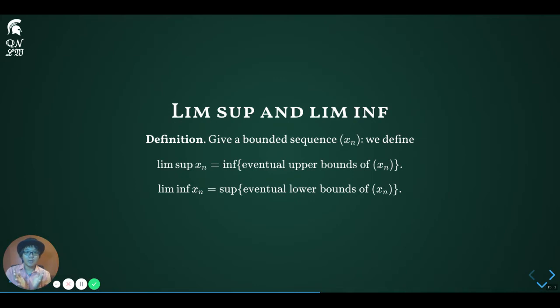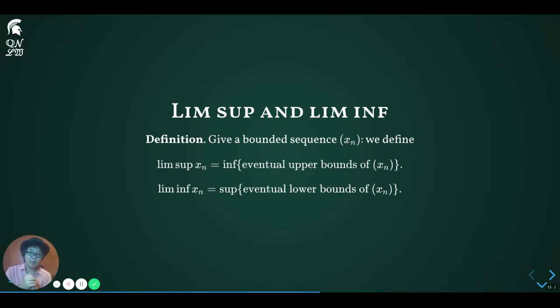Notice that the inf and sup used in the definitions are justified. If x_n is a bounded sequence, then since any upper bound is an eventual upper bound, the set of all eventual upper bounds is not empty. Similarly, the set of all eventual lower bounds is not empty. By the useful property from the previous slide, any eventual lower bound is a lower bound for the set of all eventual upper bounds, and vice versa.